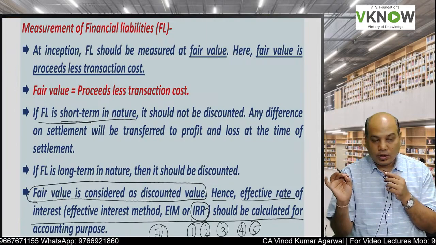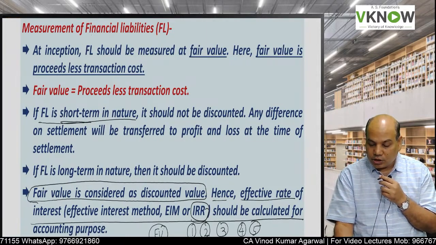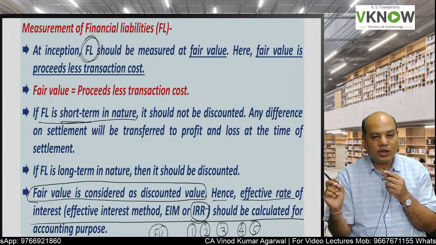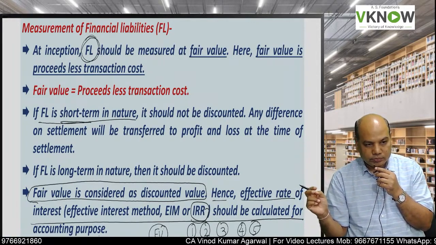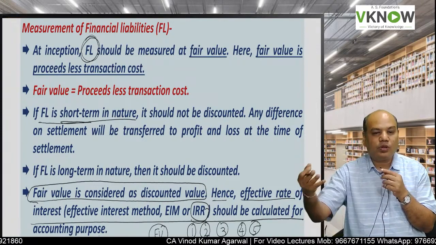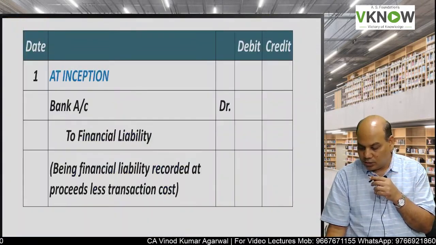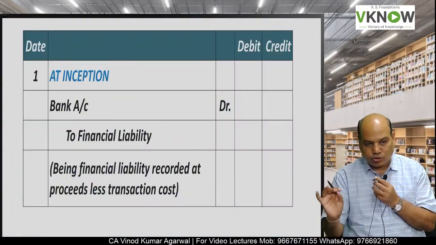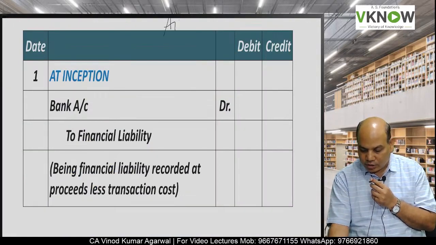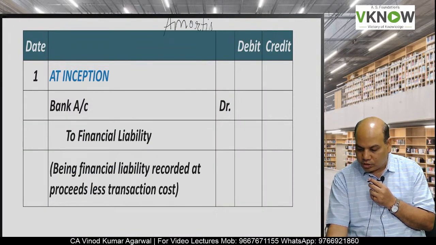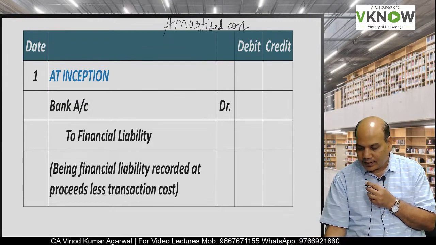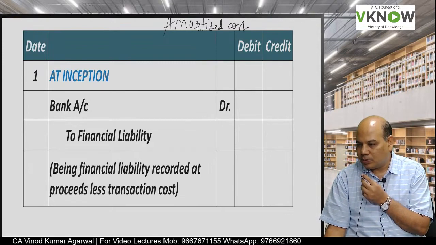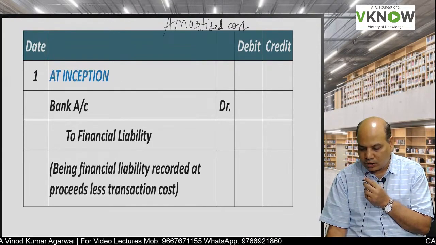One more thing, if you are showing financial liability at amortized cost, it will not be subsequently remeasured. Financial liability at amortized cost is not subsequently remeasured. So to make your life easier, if the category is amortized cost, the entry at the inception will be bank account debit to financial liability account.